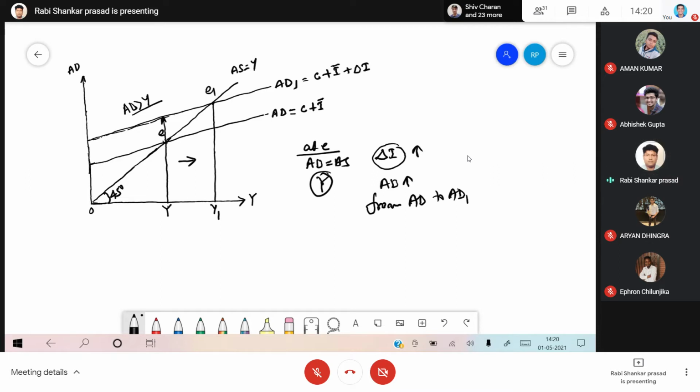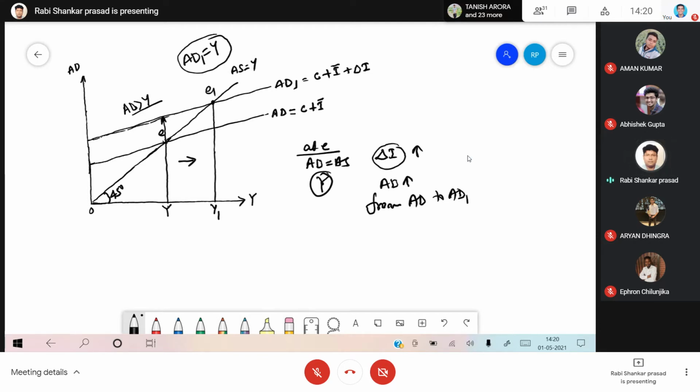Once the economy reaches point E1, equilibrium is restored at the new aggregate demand AD1, where AD1 is equal to Y, and the new equilibrium level of output is Y1.